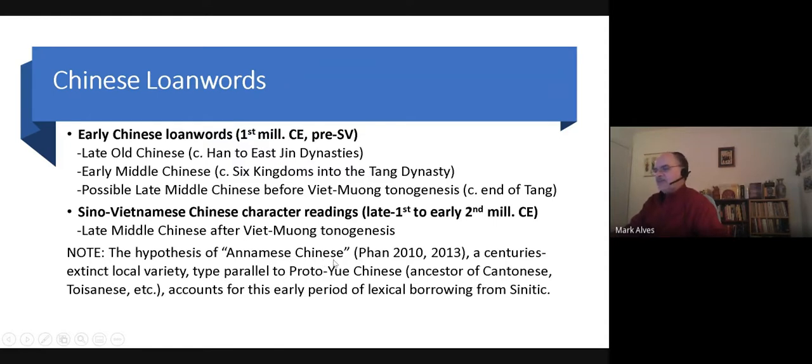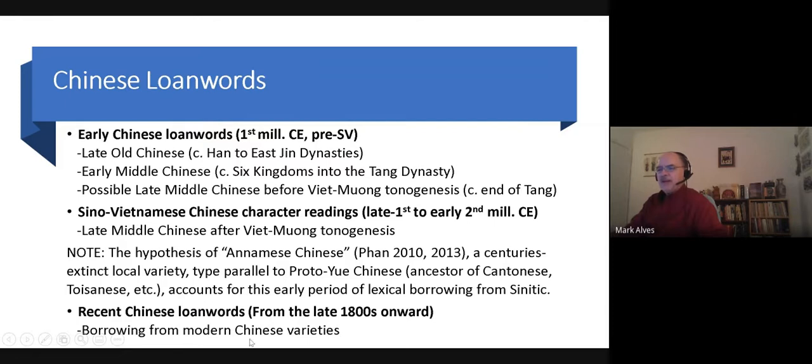But it disappeared. That is the hypothesis, and I think there is support for this. And then there are recent loanwords from Chinese, modern Chinese. If you go to Chợ Lớn, you can hear the Chinese words, and then they get borrowed by Vietnamese speakers sometimes. That's fine. That's more recent. That's not what I'm talking about.